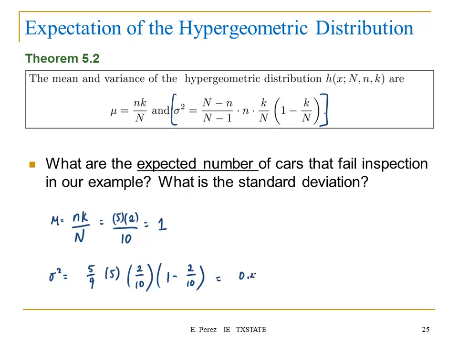And this is 0.444. Are we done? The problem is asking for the standard deviation. So you have to take the square root of this, and that is equal to 0.667.